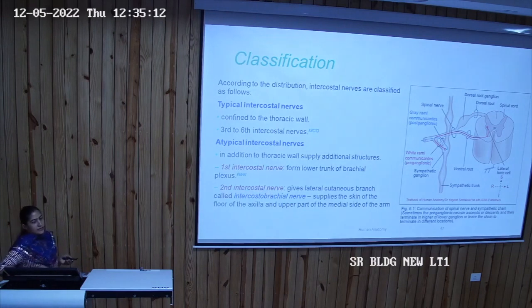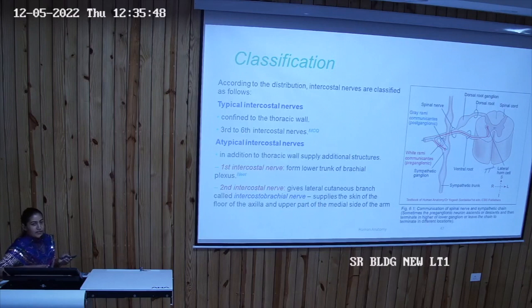I'm coming to the typical intercostal nerves. A typical intercostal space was defined as one whose structures do not deal with any structures other than the intercostal space. They were confined to only the typical intercostal spaces, the third to sixth intercostal space. Similarly, typical intercostal nerves will be the third to sixth intercostal nerves. What other structures, in addition to the intercostal space, are supplied by the first intercostal nerve?